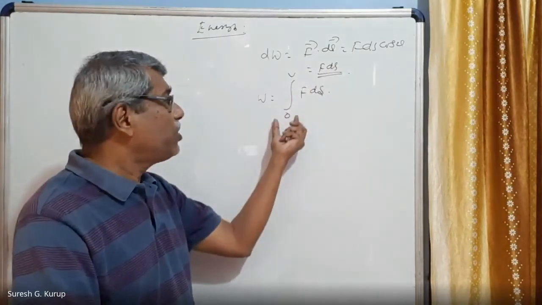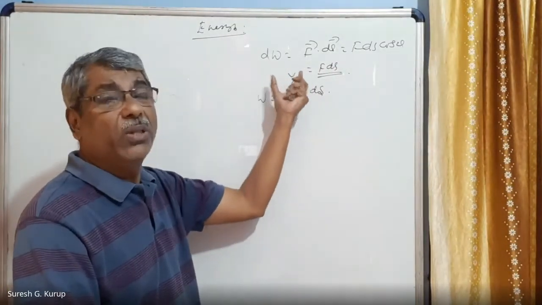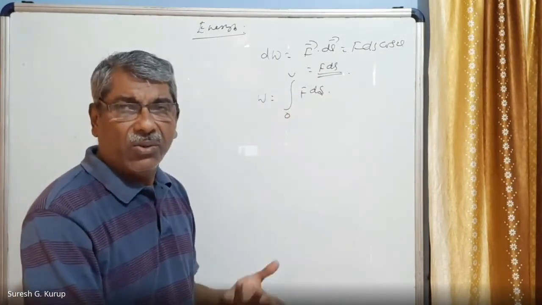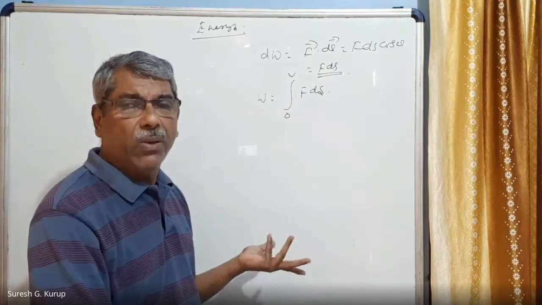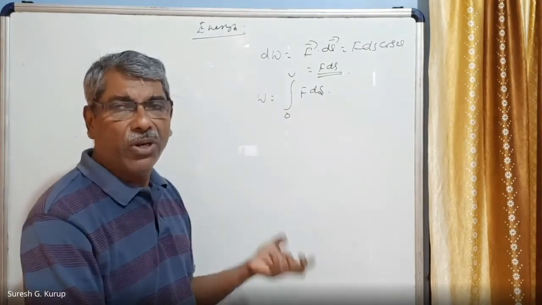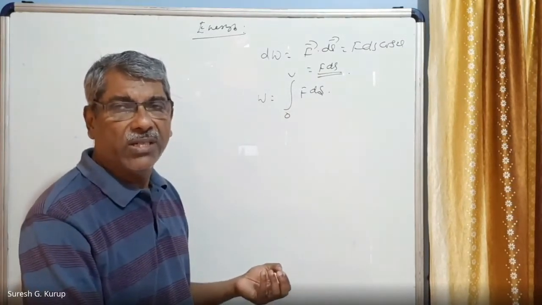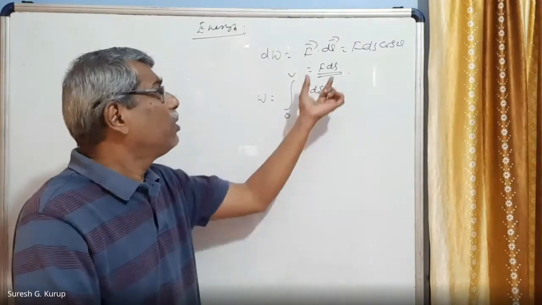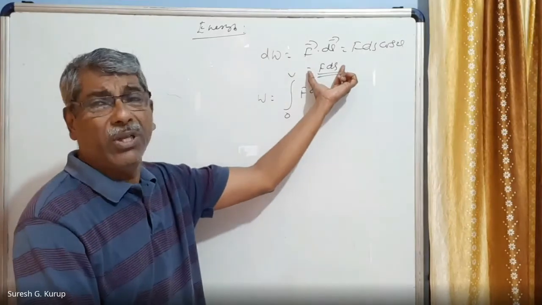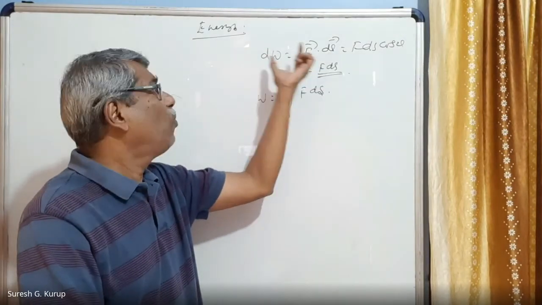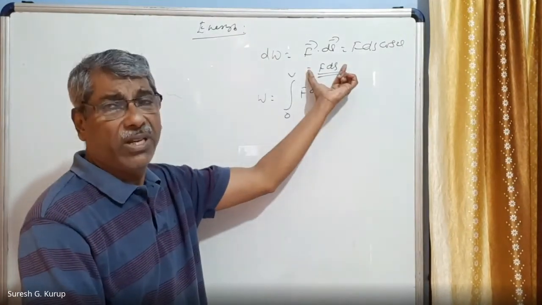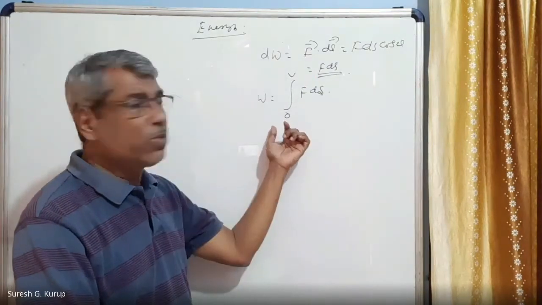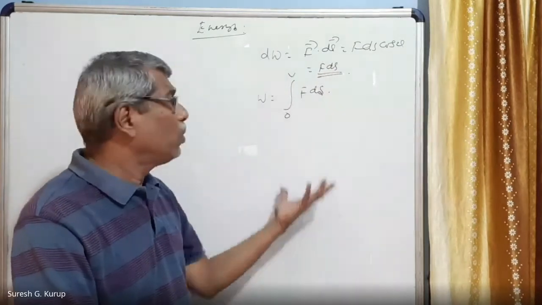You can consider it this way also: a constant force is acting on a body for a very short time, so that its velocity changes by a small value dv. Due to the displacement ds, the work done is F ds.